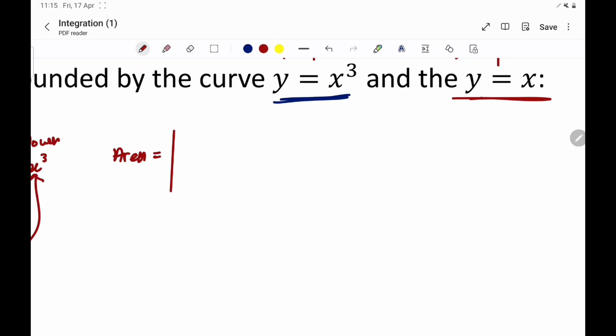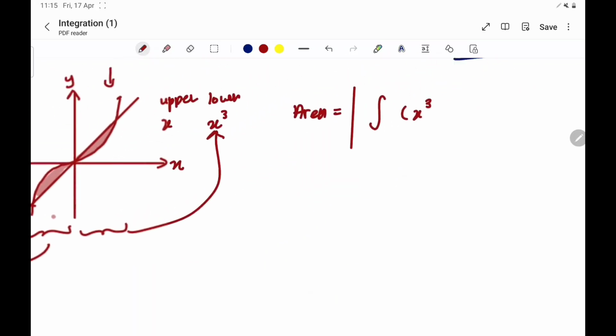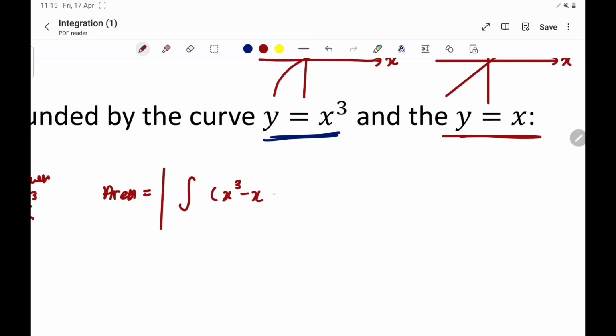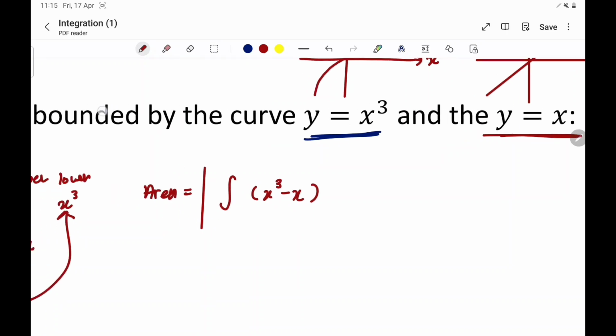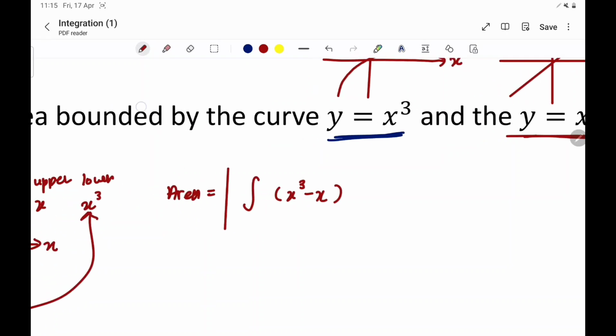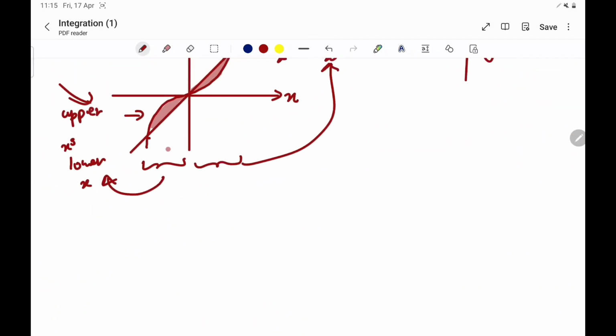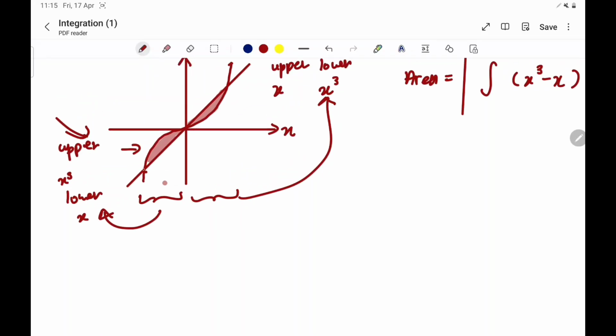If you don't want, you can also put it later. Here you integrate upper minus lower, which is x to the power of 3 minus x. And then here you have to find the intersection, which is the interval a to b. How to find the interval a to b? This one and this one.